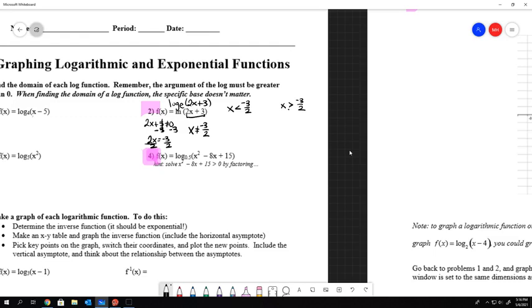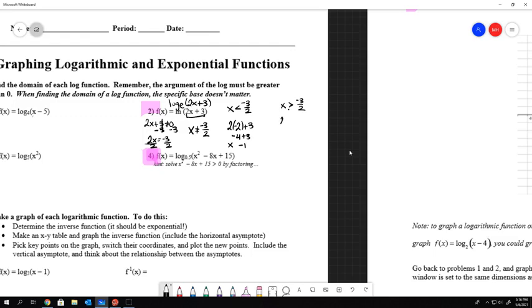Plug it into my x and see if it gives me a negative number or a positive number. So let's say 2 times negative 2 plus 3. So this is negative 4 plus 3, which is negative 1. So we cannot take log of negative numbers, so I know I can't use these values.